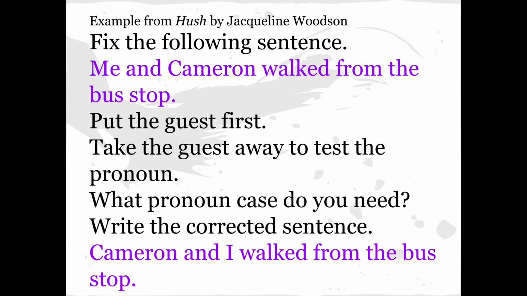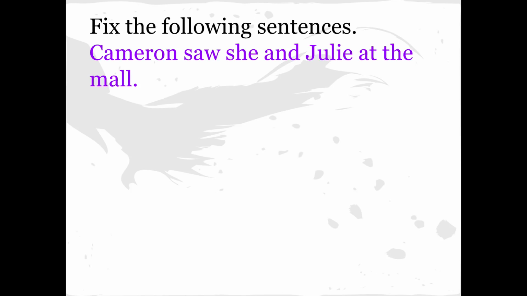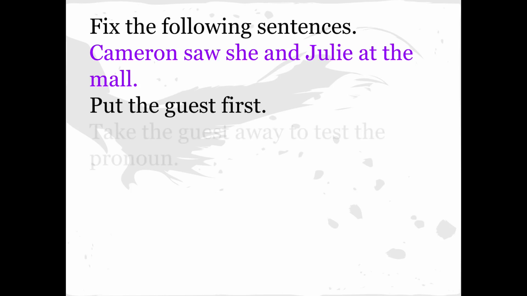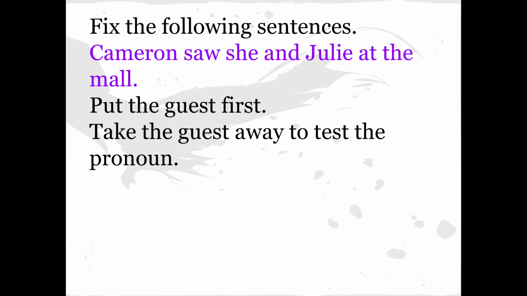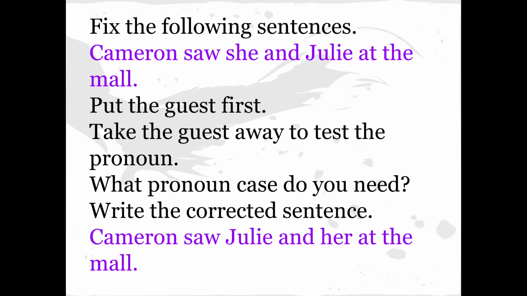"Cameron and I walked from the bus stop." Let's try another one. "Cameron saw she and Julie at the mall." Put the guest first. Take the guest away to test the pronoun. And think about what pronoun case you need. You need the objective case, and so we'll write the corrected sentence with her. "Cameron saw Julie and her at the mall."